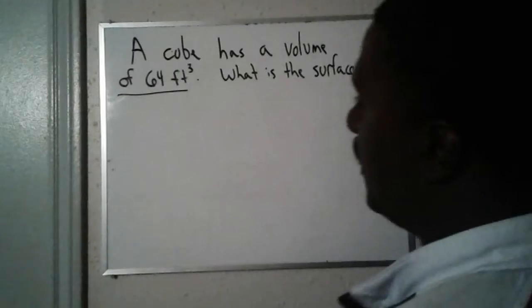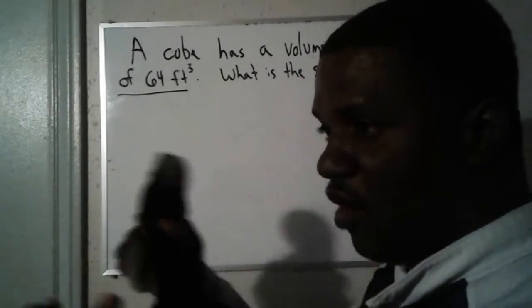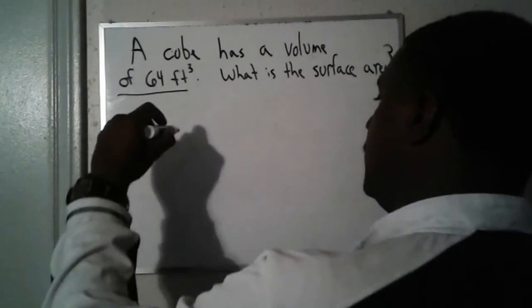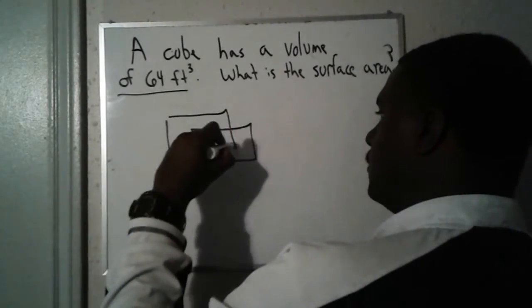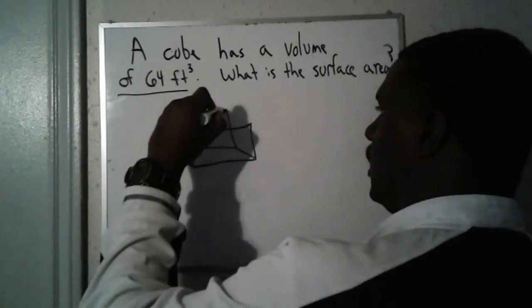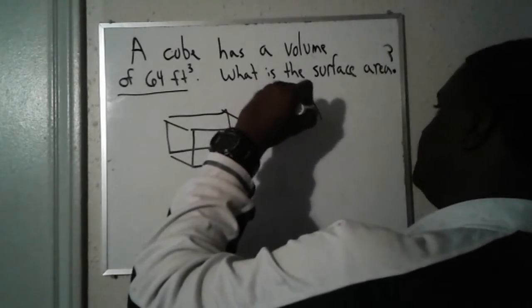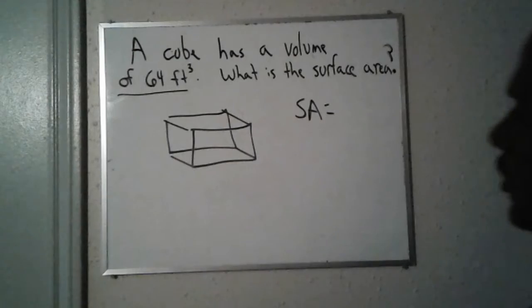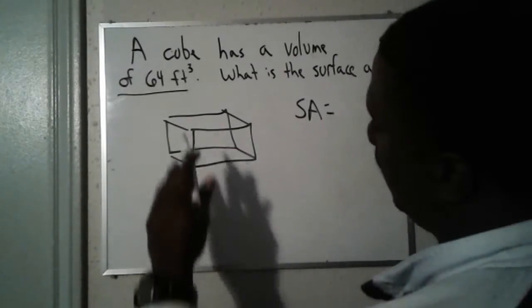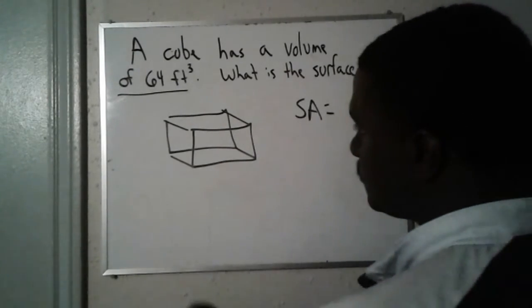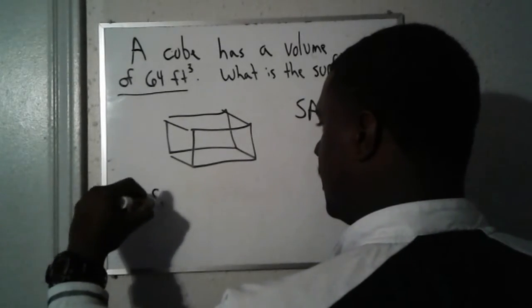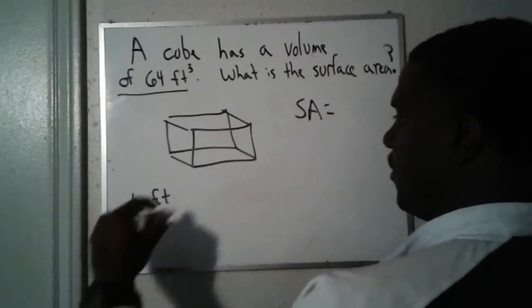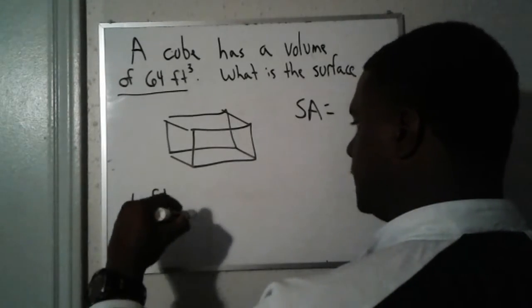I always tell my students, surface area, we look for the area of all sides, right? So we dealing with a cube, and we trying to find the surface area. We don't know the formula. So let's break this down. We know you have a left side, right? That's one block.